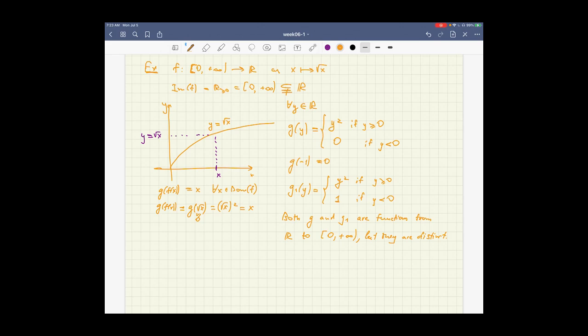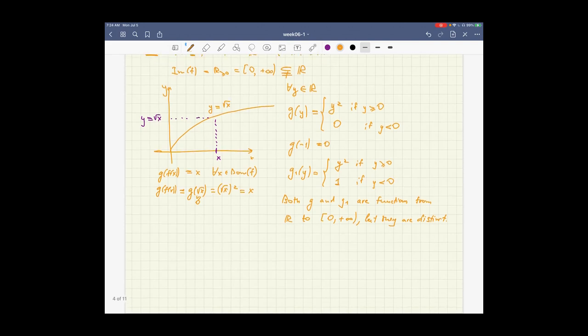Both could be called inverses of our function f. Both g and g1 qualify as an inverse of f.